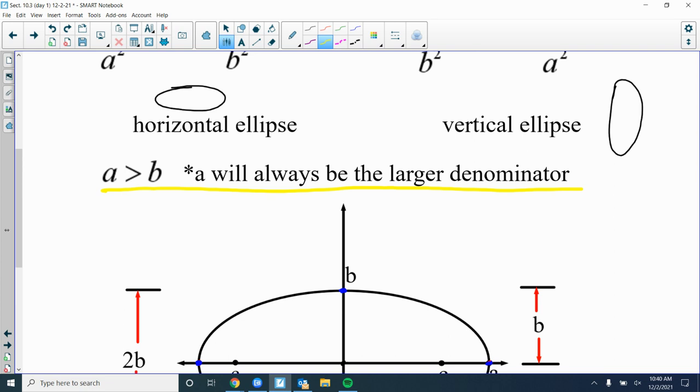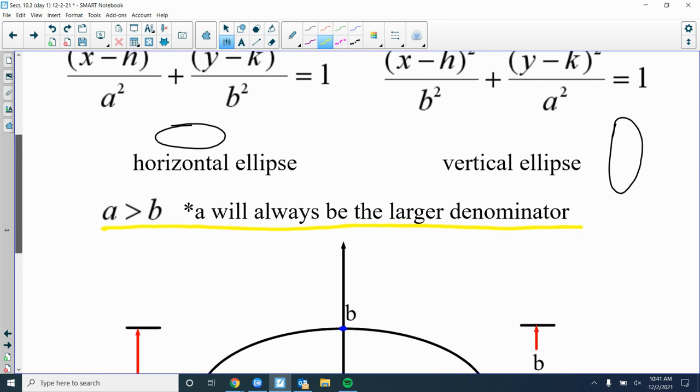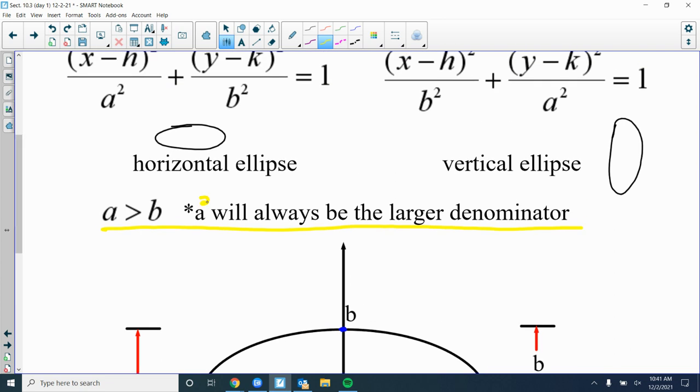That tells you whether it's wider or taller, which direction we're going. So A is always greater than B for ellipses.